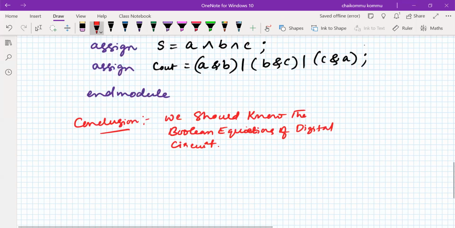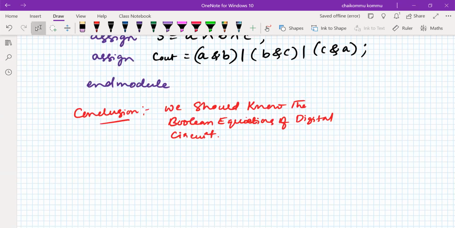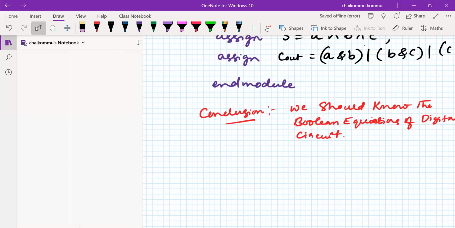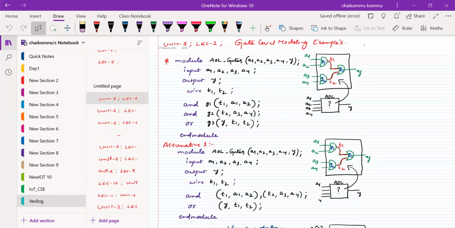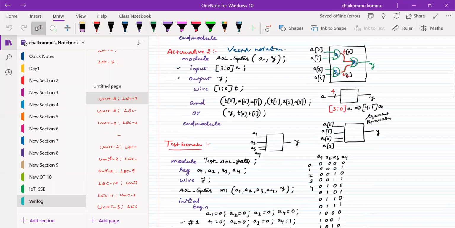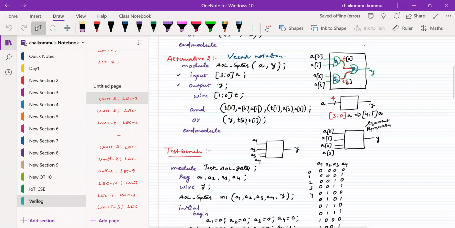Now, whatever the logical circuits that we have seen in the previous, I'm going to copy and we will do accordingly. So better I'll take some problems from the second unit.